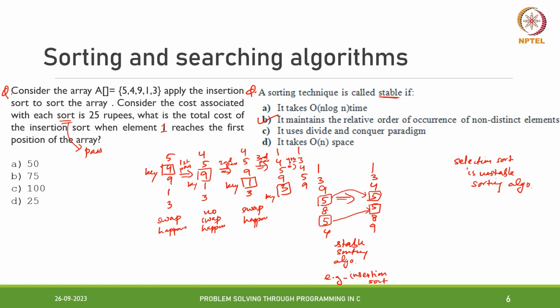So we needed 3 passes for 1 to reach the top, but out of that, in one pass there was no swapping, so no sorting that happened. For each sort it is 25 rupees, right? So what should be the answer here?